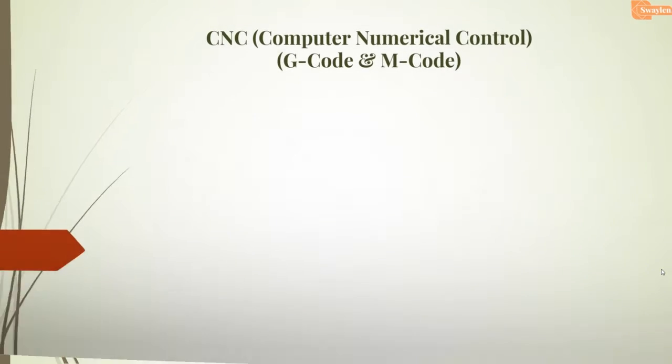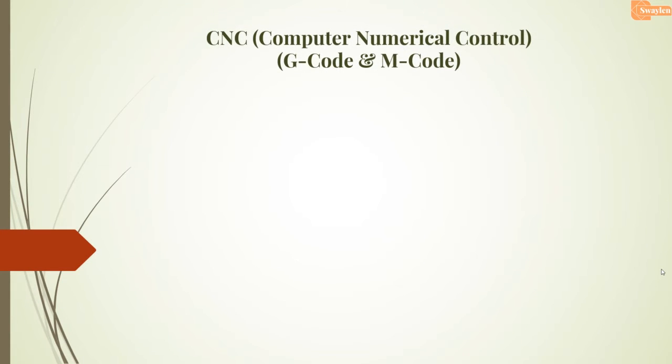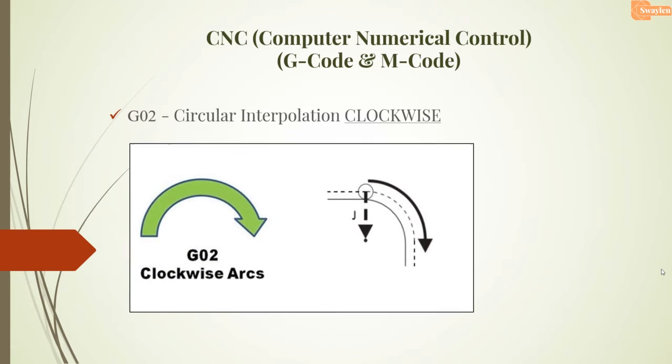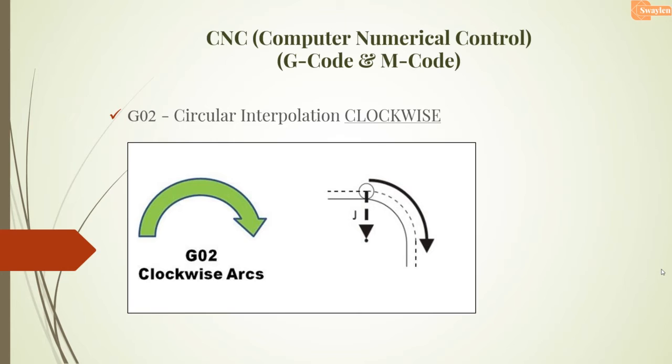Next, this is G02. G02 is used for circular interpolation but in clockwise. You will see in your image G02 means the clockwise arc, and in the figure you will easily understand the G02 means the clockwise portion.